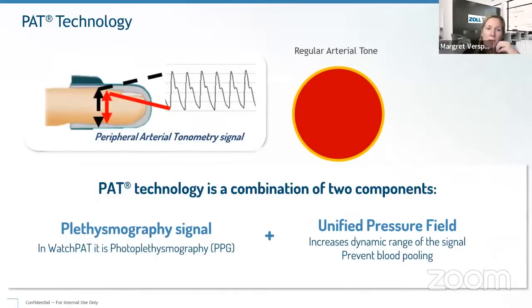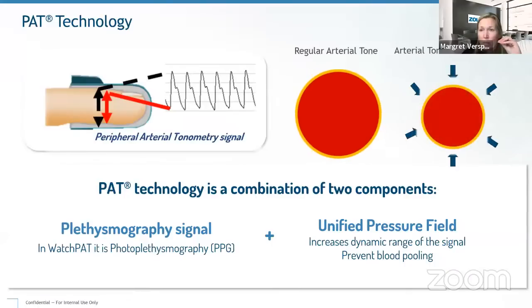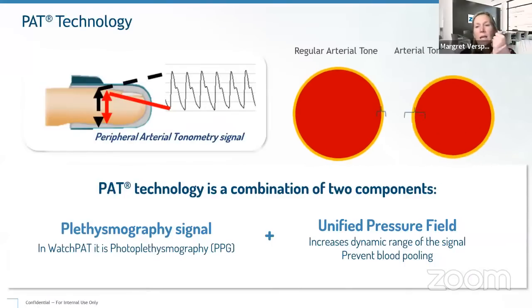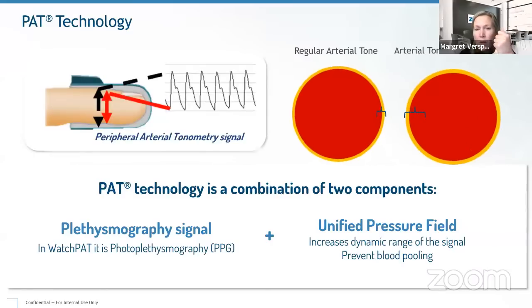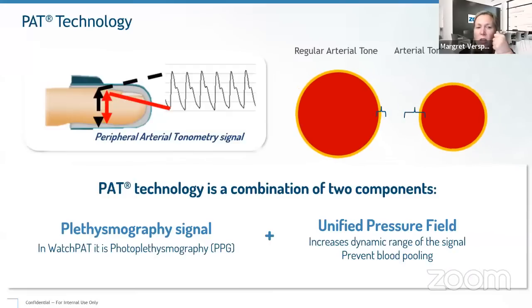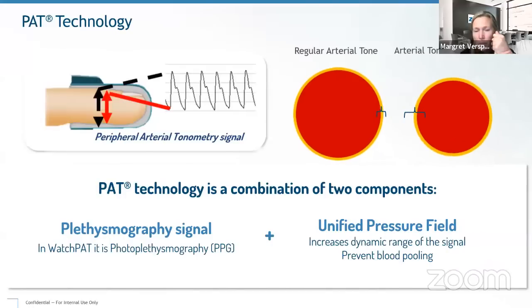So what is actually the PAT technology? Like I already mentioned, it's the peripheral arterial tonometry signal. By using this unified pressure field, we can increase the sensitivity. It increases the dynamic range of the signal and it prevents blood pooling. So actually the PAT technology is the PPG plus the unified pressure field.